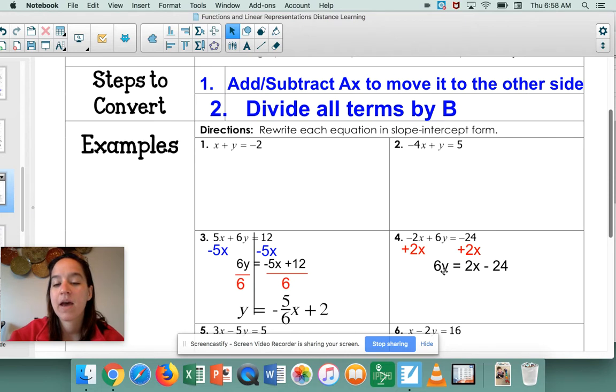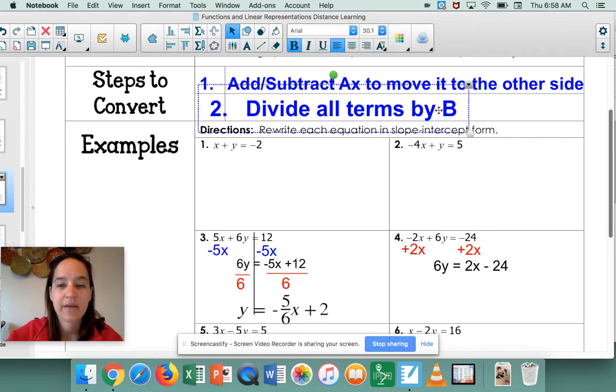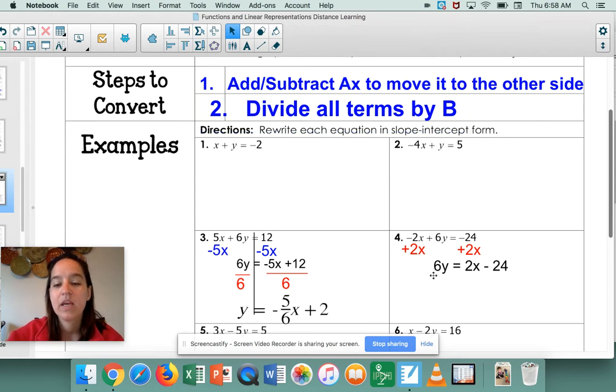Here I've got my equation and I need to divide, my second step, divide by b. And so I'm going to divide by 6 to both sides. On my left-hand side, I'm going to get just y. On my right-hand side, I'm going to do 2 divided by 6. It doesn't come out nicely, so I'm going to leave it as a fraction. 2/6 is not an okay fraction.